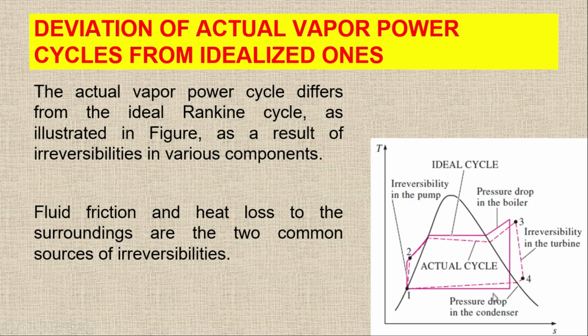And here you have the liquid-vapor mixture. So as the steam flows through the various components, there is heat loss. To maintain the same level of net work output from the turbine, more heat needs to be transferred to the steam in the boiler to compensate for these undesired heat losses. As a result, the cycle efficiency decreases.